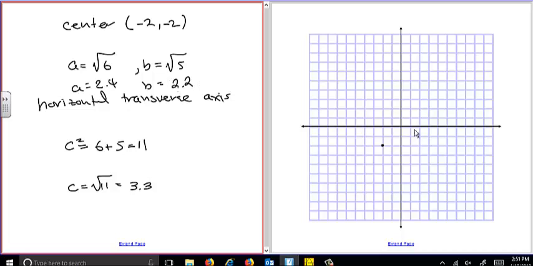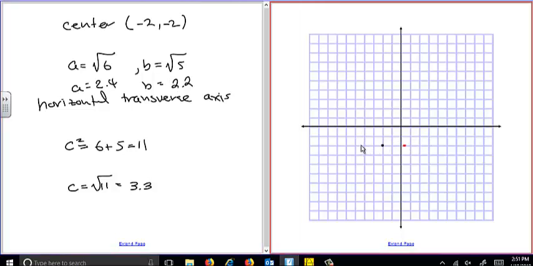Okay, so it's a horizontal transverse axis, so I'm going to go to the right 2.4, I'm going to go to the left 2.4. Because it's a horizontal transverse axis, I can now put in the foci, so I go 1, 2, 3, 3.3, 1, 2, 3.3, so that's my focal points. Then I go in the other direction, 2.2 units, 1, 2, 2.2, down 2.2, here we go.